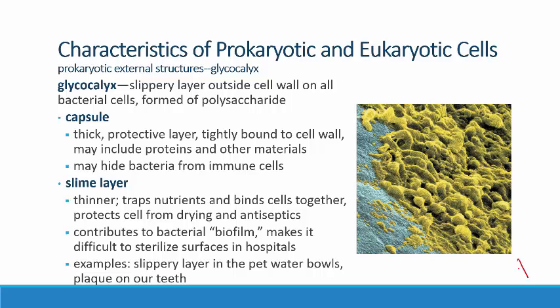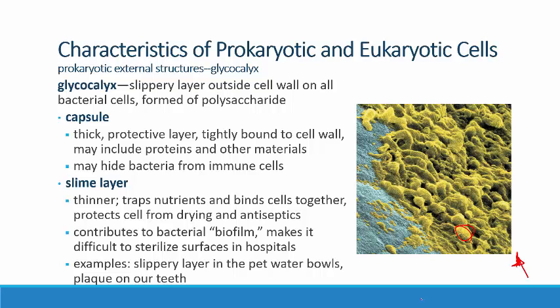And so here we're seeing a biofilm. You can make out the cocci embedded in this biofilm, and you can see how it spreads beyond all the cocci and helps to bind the bacteria to the hard surface that it is resting on.